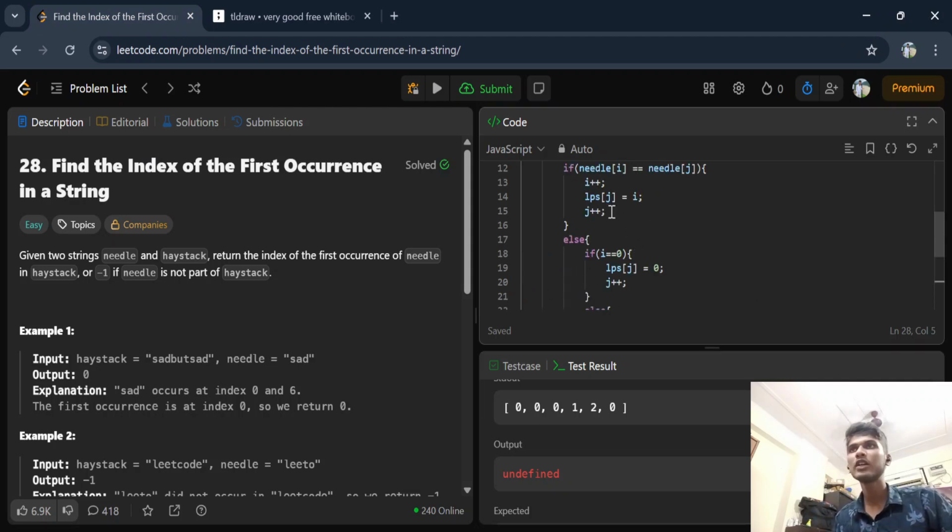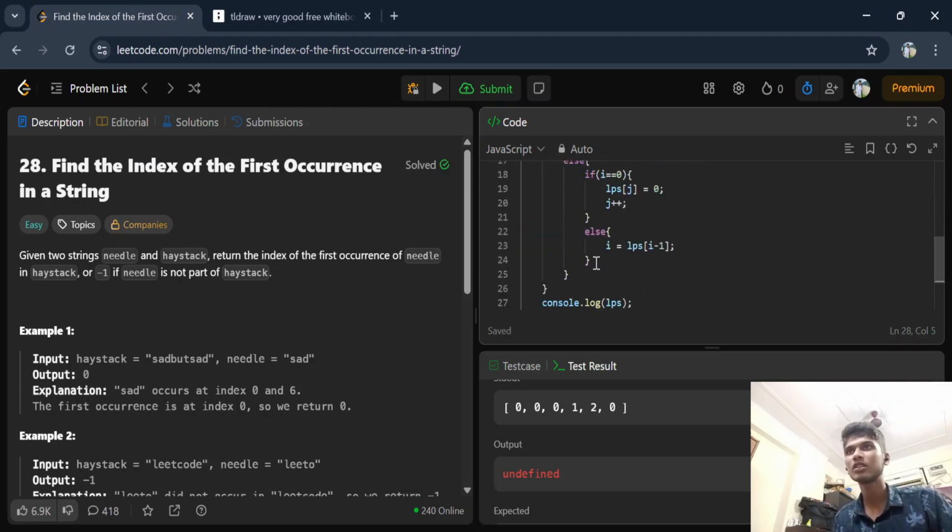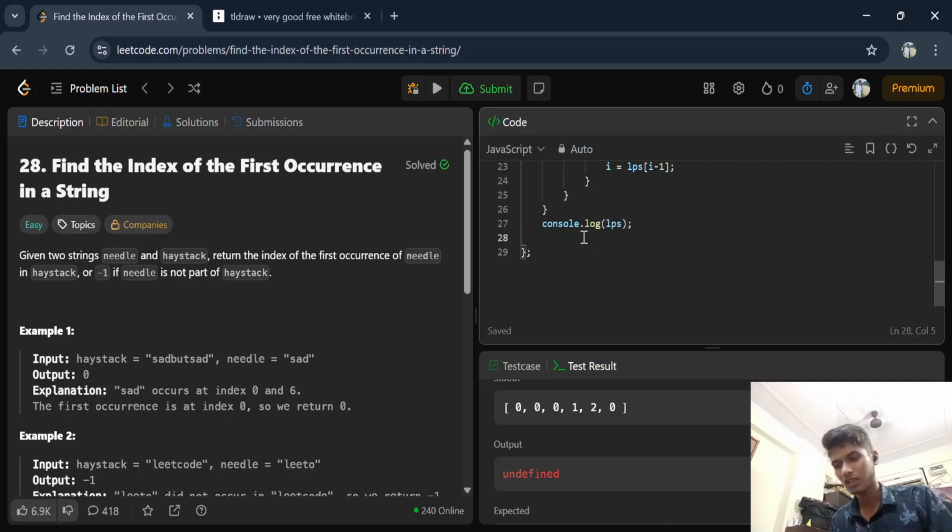And see, if you do i minus minus here, so I'm not taking an example. See, now we will write code for that KMP algorithm. So i is equal to 0 and j is equal to 0.